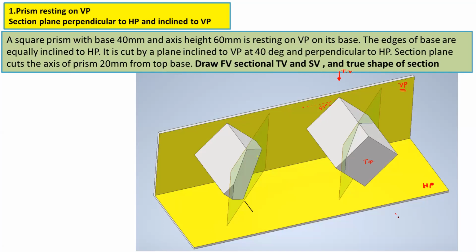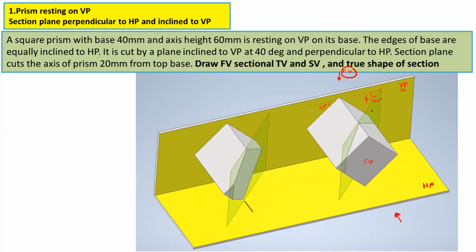And in the front view, you can observe that square base, which is equally inclined. So angle of inclination of this plane with respect to vertical plane, this is phi, and that is equal to 40 degree. If you observe from the top direction, that is your top view, then this plane will be observed as a straight line which is inclined at 40 degree.